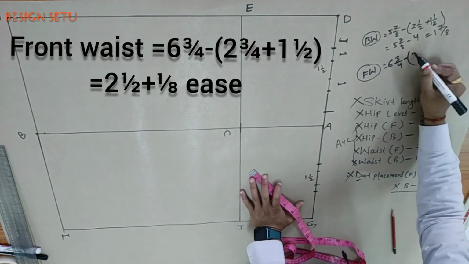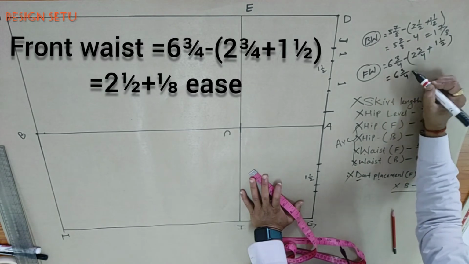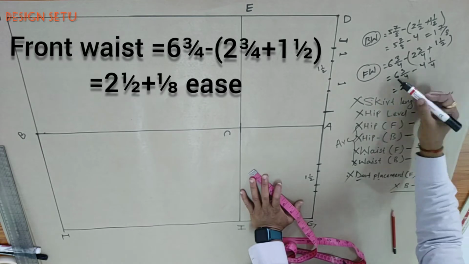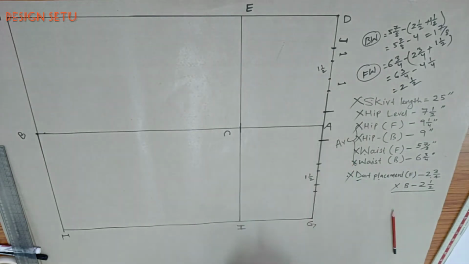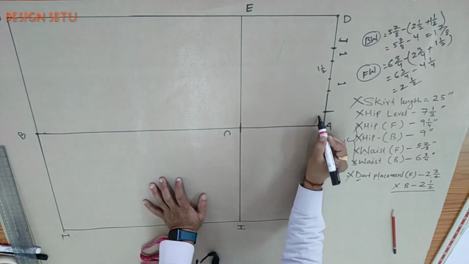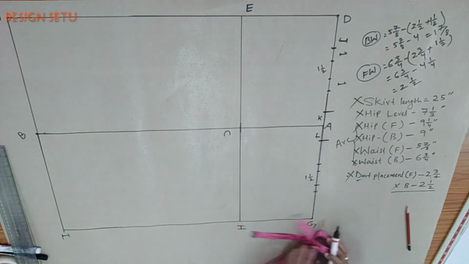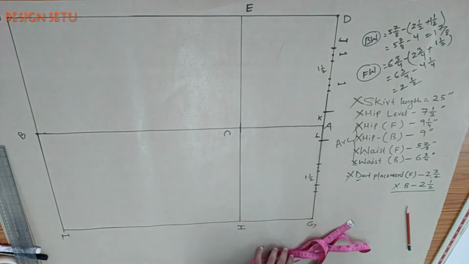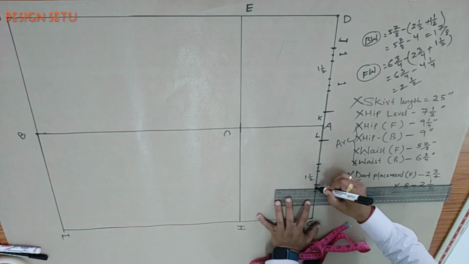Your front waist is 6 3/4 minus 2 3/4, which is dart placement, plus 1.5 inch, which is the gap between two darts. So it is 2.5 inches. Add 1/8 of an inch ease, mark the point and square up 1 inch. Mark the points K and L.